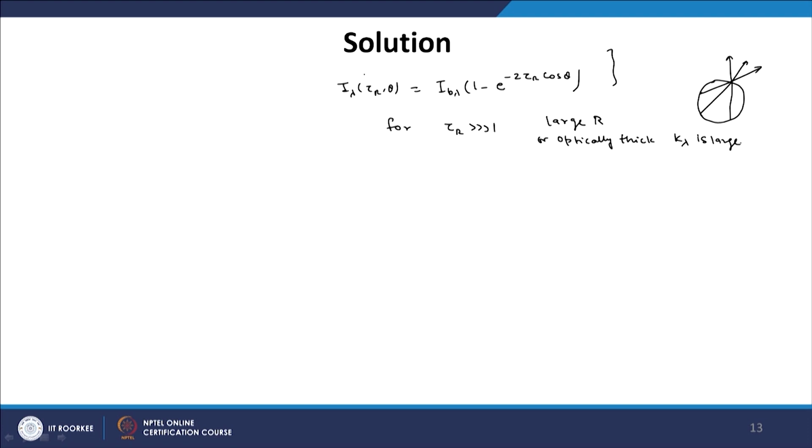Kappa lambda or tau lambda very large compared to 1, it is optically thick. In that case, the exponential term will be equal to 0, and I lambda of tau r, theta will be simply equal to I_b lambda. It will not depend on tau r and theta.